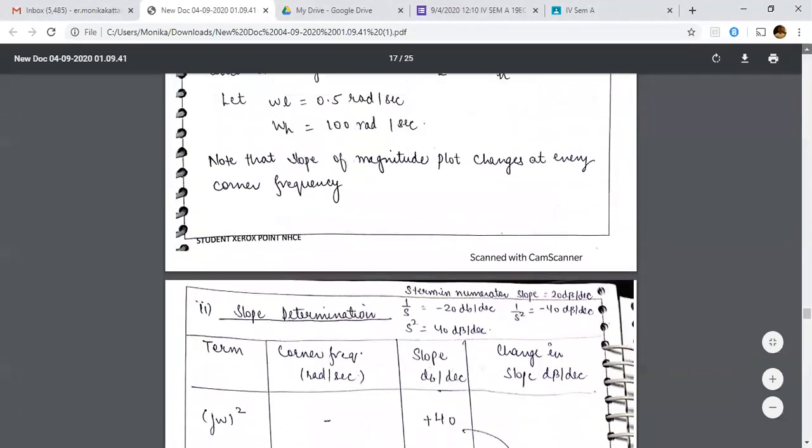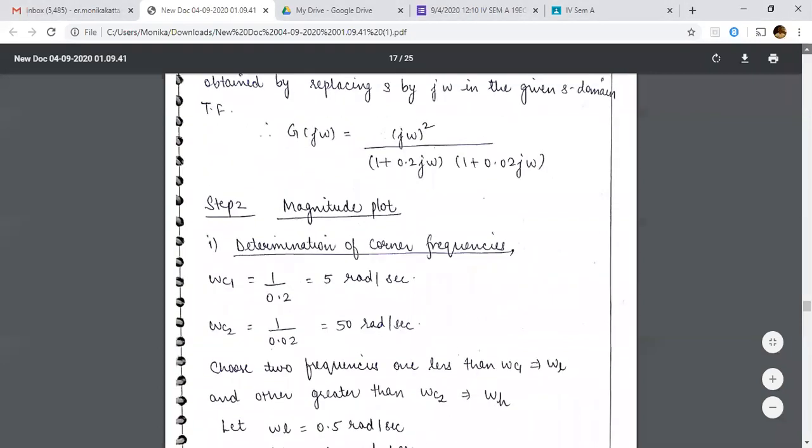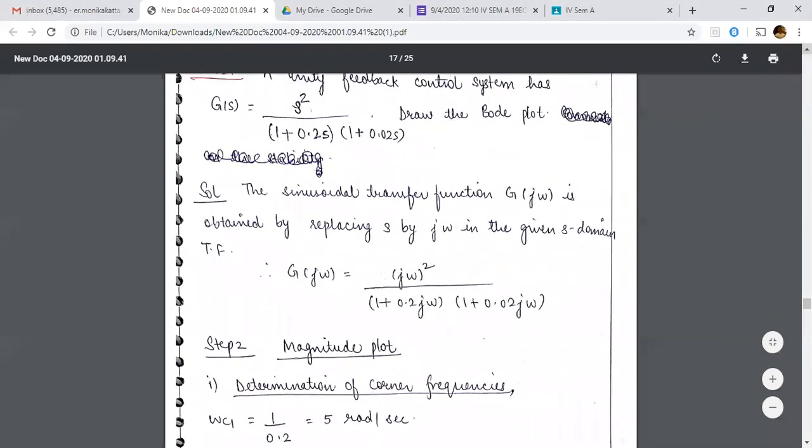First is the determination of corner frequencies. I told you, only first order systems have corner frequencies. Do we have first order poles and zeros here? Yes: 1 plus 0.2s and 1 plus 0.02s. Right?